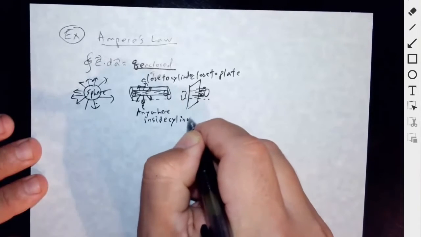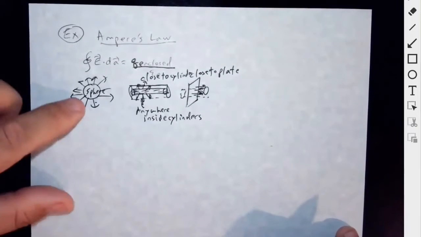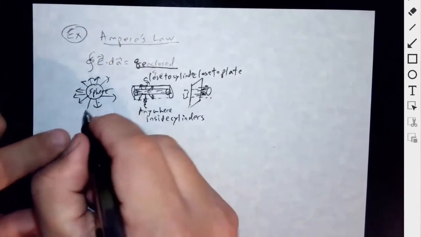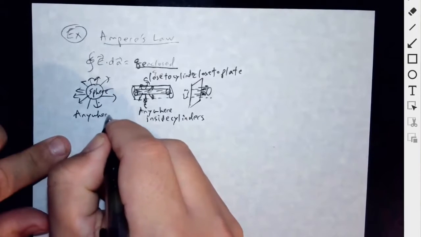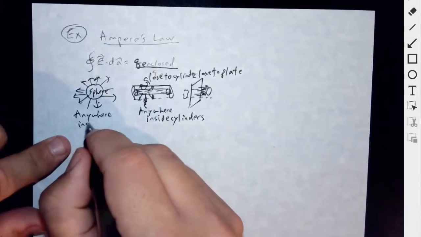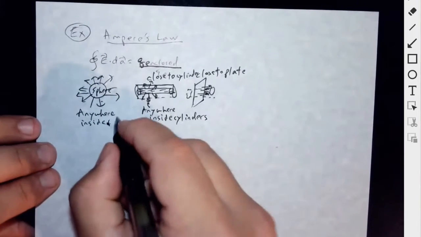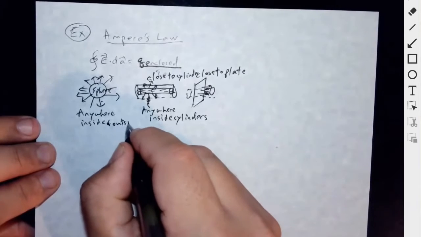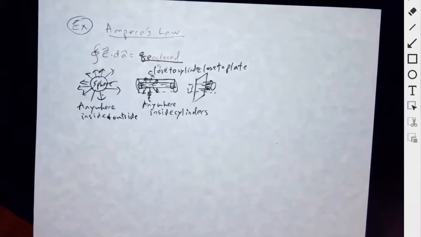And by cylinders, we can also say rods. Rods or cylinders is the same thing. But spheres could be anywhere inside and anywhere outside, all the way to infinity. So basically both inside, outside, anywhere.